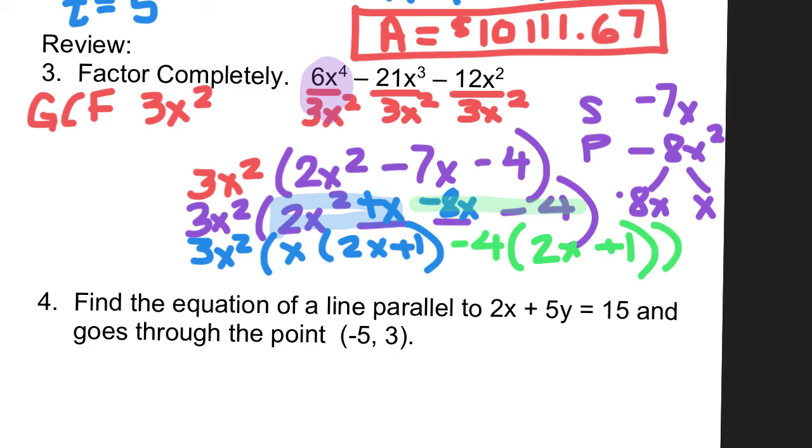We see that we have 2x plus 1 in common. Don't forget that 3x squared. So we have our 2x plus 1 that's in common, then times the leftovers, which is x minus 4. And since there's nothing else to factor, that is our final answer.